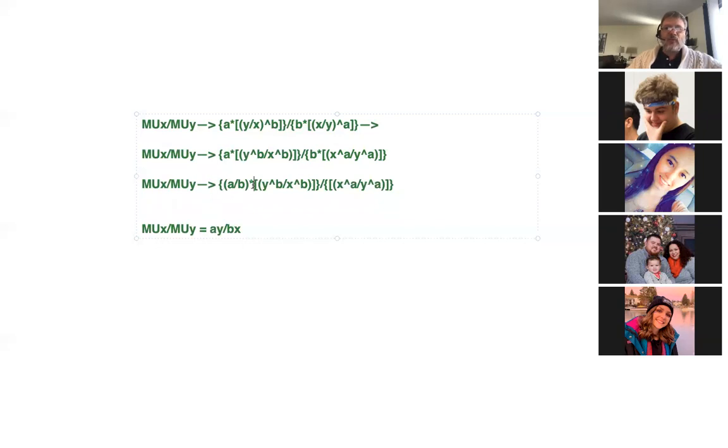And now, okay, so now we just have this fraction.